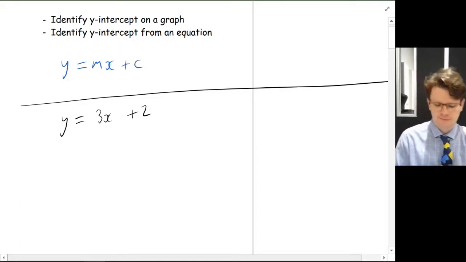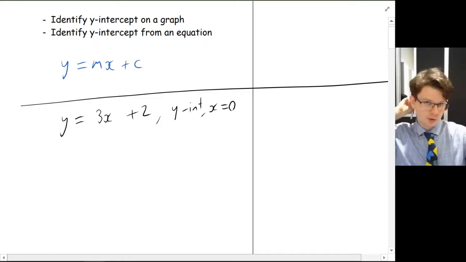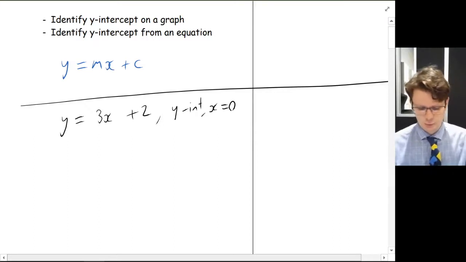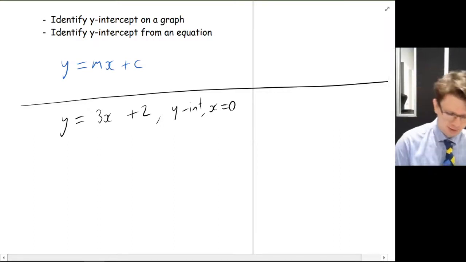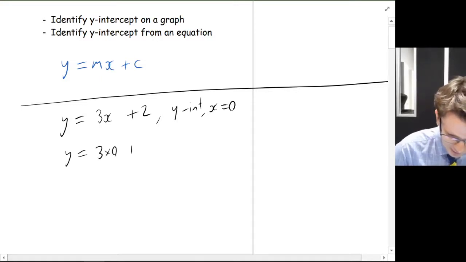Now, I'll give us a definition here that helps us. The y-intercept is when x equals 0. And we saw that on the graph because it's always on that vertical. It's x equals 0. So the y-intercept is found when x equals 0. Well, if x equals 0, this just becomes y is equal to 3 times 0 plus 2. So y is equal to 2.